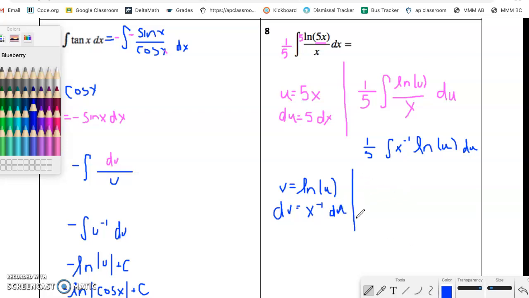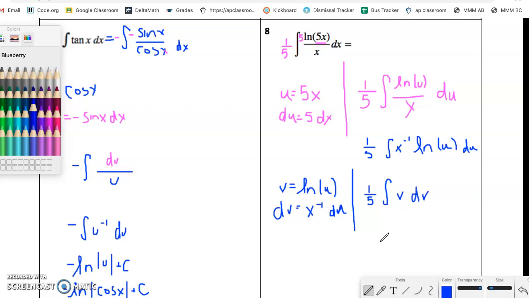So that's going to give me 1/5 the integral. I'm replacing this ln u with a v, and this x to the negative 1 and du are becoming dv.